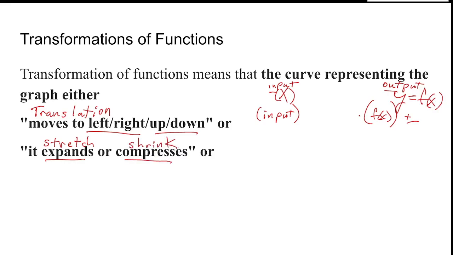And again, it can either happen inside the function or outside the function. We're going to see that what your intuition tells you is going to happen, whenever we're inside the function, it's going to have an opposite effect. So what you think would make it stretch will actually make it shrink. What you think is going to make it shrink will actually make it stretch.